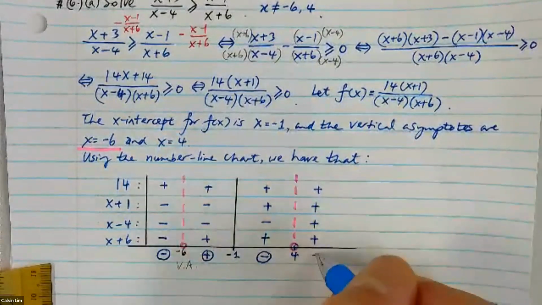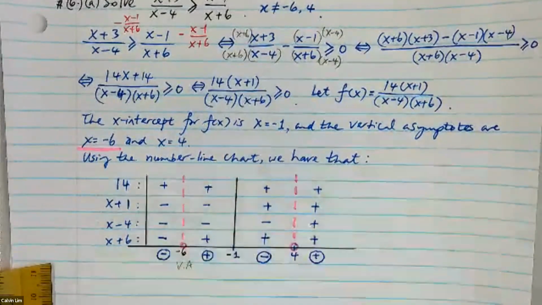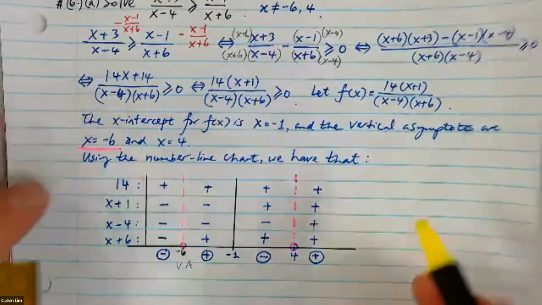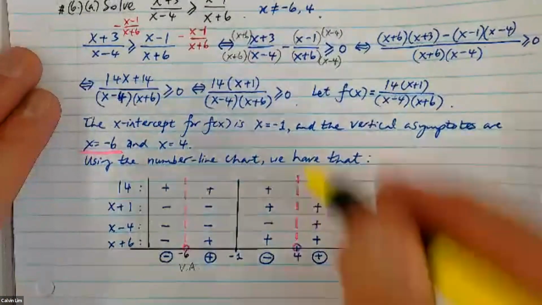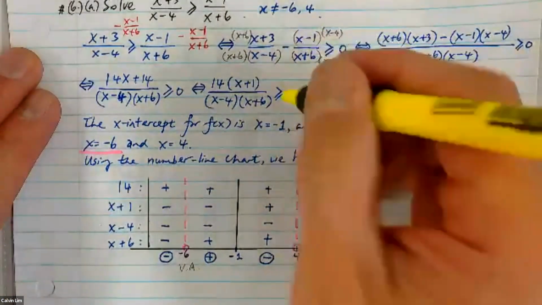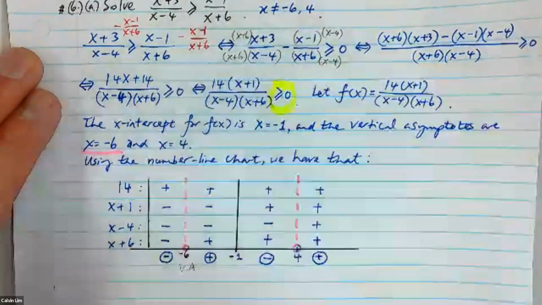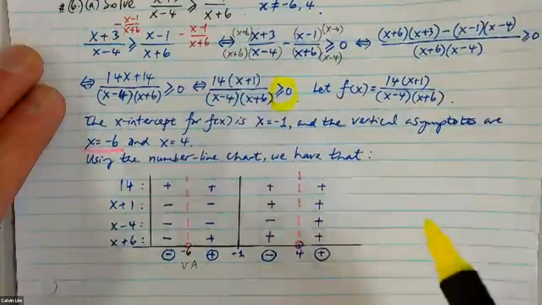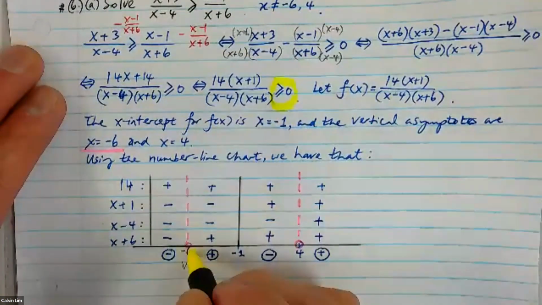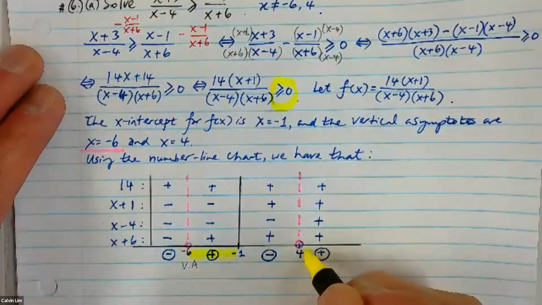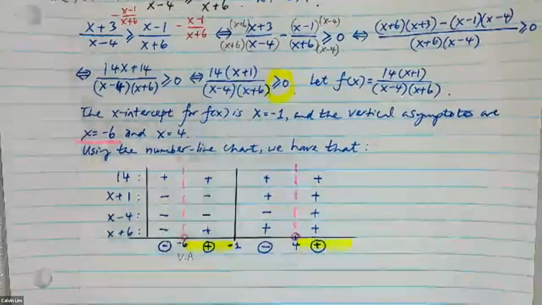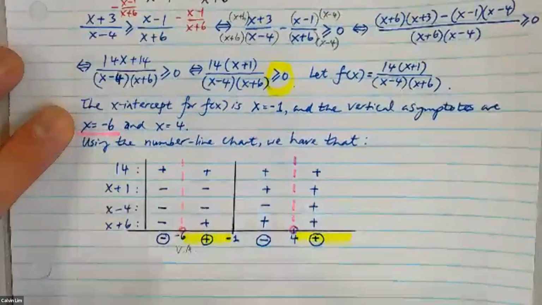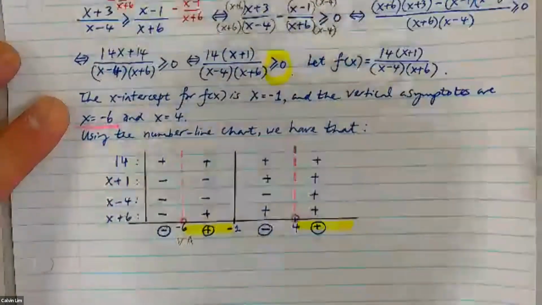Greater than 4, it's positive. Now we're ready to list our solution. We are trying to identify the regions where f of x is greater than or equal to 0. So it's this, and it's this. How do we represent these intervals?